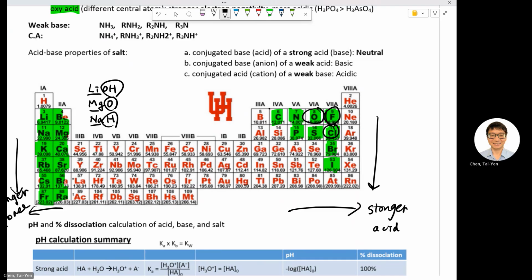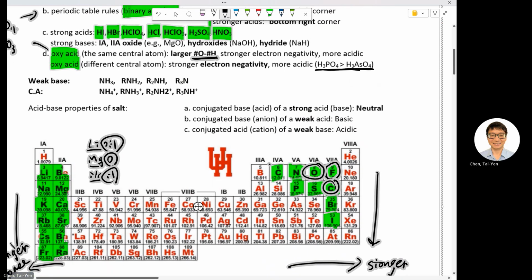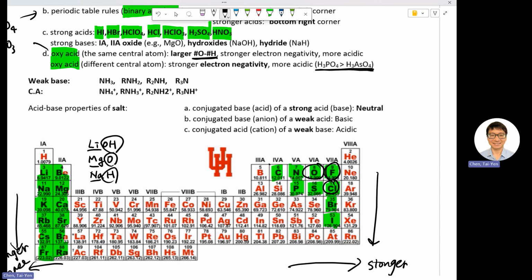this, H3PO4 and H3AsO4. Okay, so if you look at these two, it contains your H, it contains your oxygen. So you know it is an acid, right?